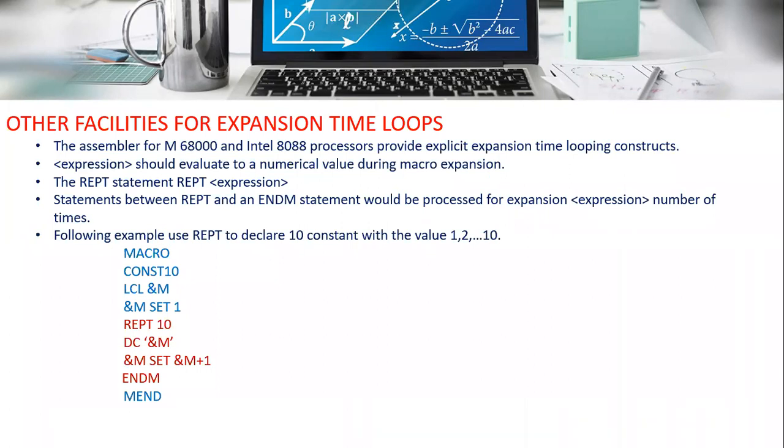Corresponding to the expansion time loop, we can use this particular assembler, that is M68000 and the Intel 8088 processor. Here this particular processor can provide explicit expansion time looping constructs.